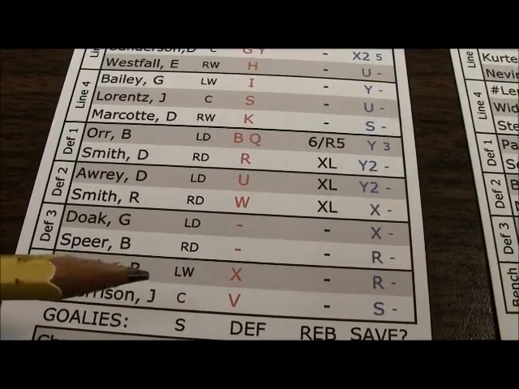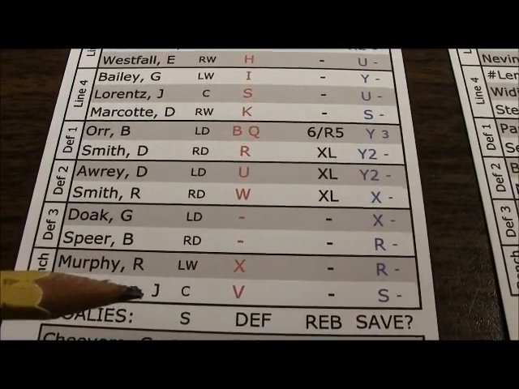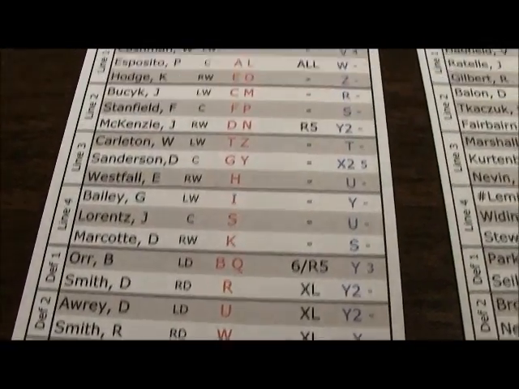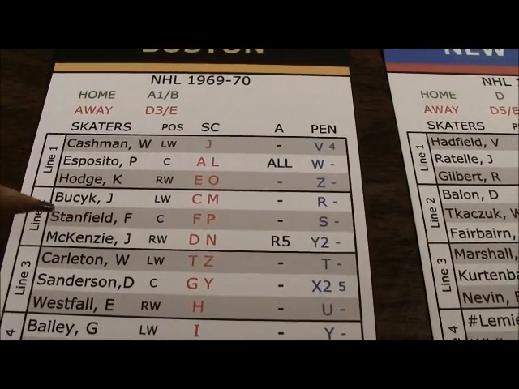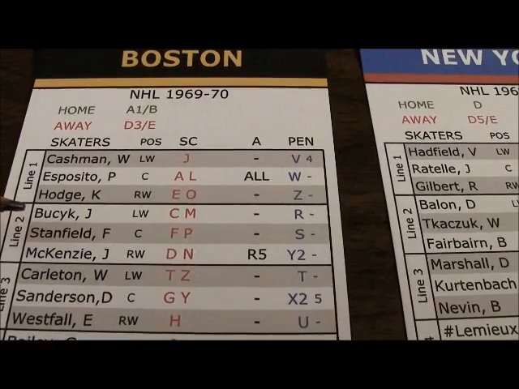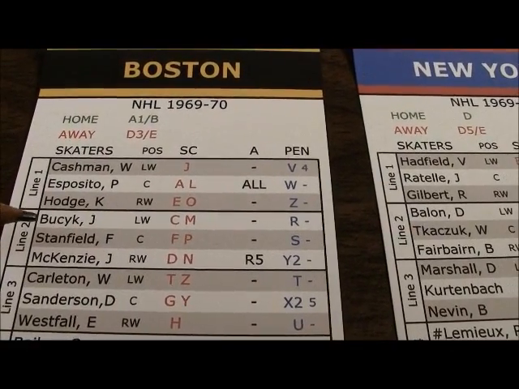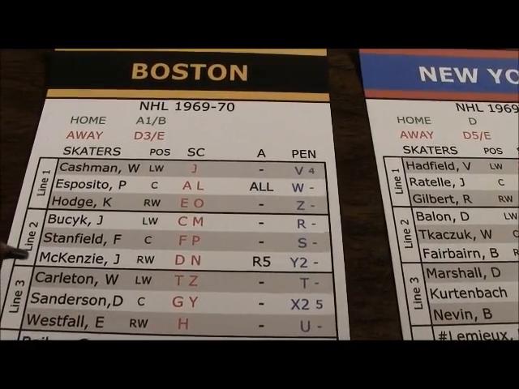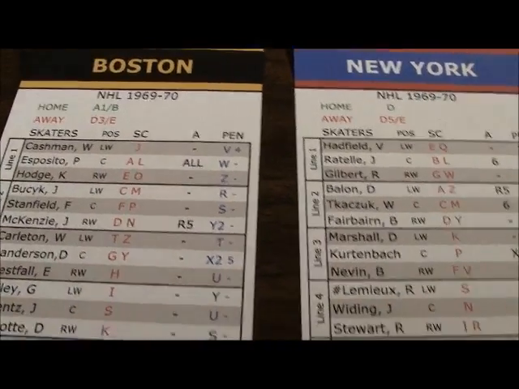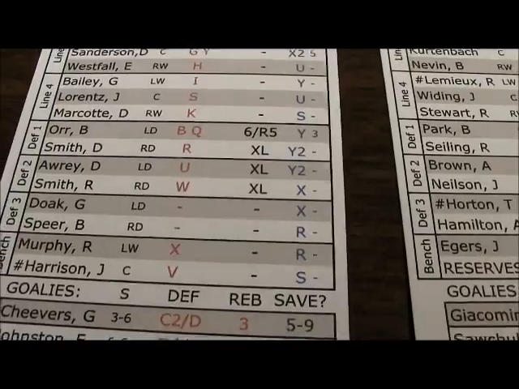So Ron Murphy's a left wing. If he happened to score, since he's a bench player, you can roll a die and see which forward line he's on. And let's say line 2 comes up. For that play, he's considered to have been substituting for Johnny Bucyk on that line, and his line mates would be Fred Stanfield and John McKenzie. So that's how the bench designation works.